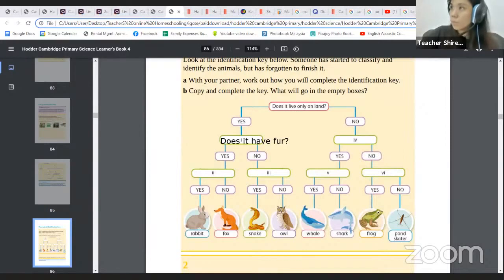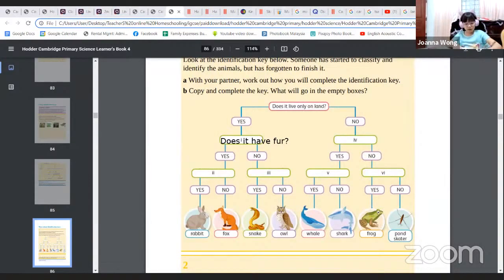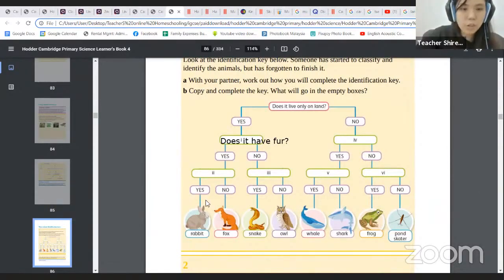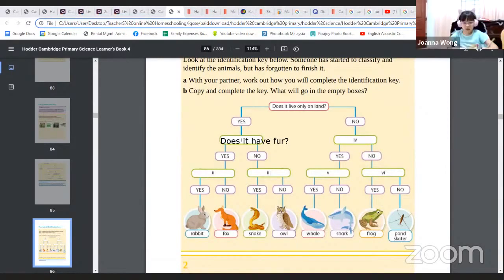Teacher, after we finish asking the question, we need to write the answer. Yes. Do we also copy? Copy the answer, no need to draw.